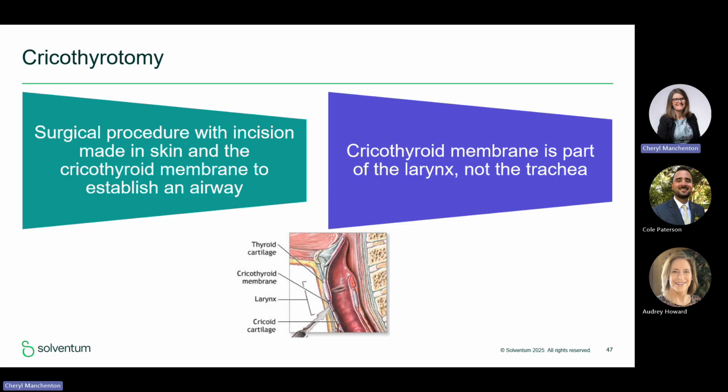So I just want to talk about why they needed to create it, because we should have had a unique procedure code for it because of its location. Again, you can see an image here that shows how that would occur. So it's up higher in the neck than the tracheostomy.